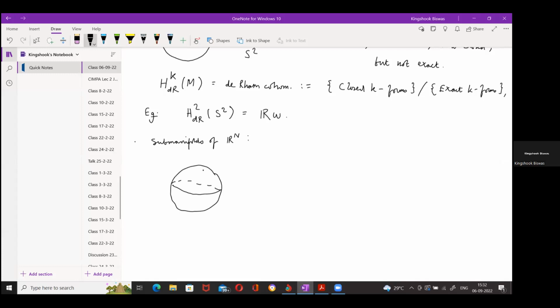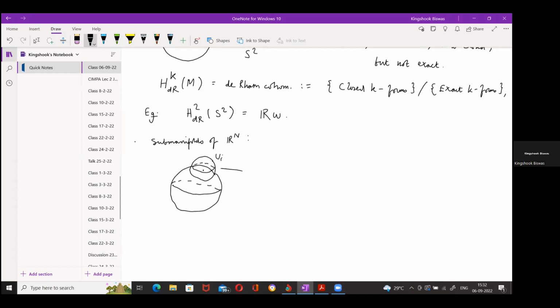What that means is if I take a point here, then I have a ball in R^3. This is an open set in R^3, my U_i.